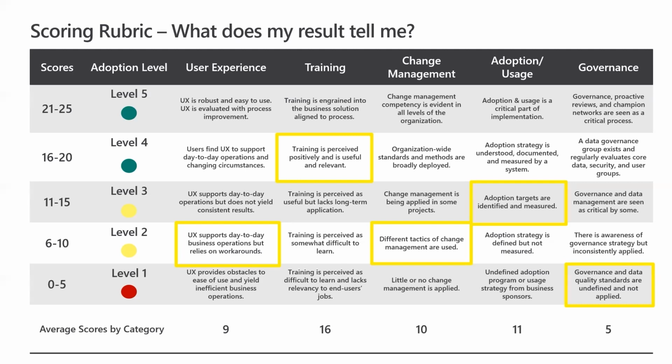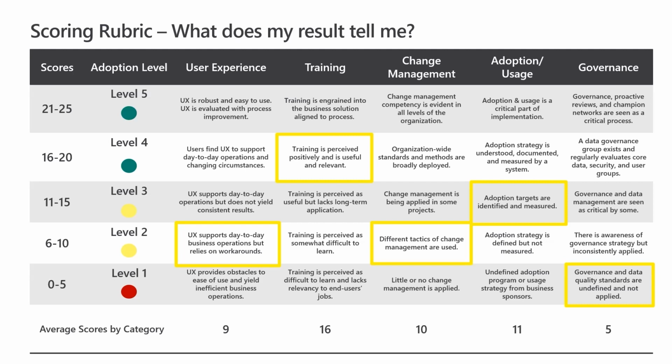So for the user experience, it says that it supports day-to-day business operation that relies on workarounds. Pretty true. But to improve to a level 3, reading above, it sounds like I must not rely on workarounds and yield consistent results. Okay, so it gives me actionable next steps and a strategy that I should be thinking about.